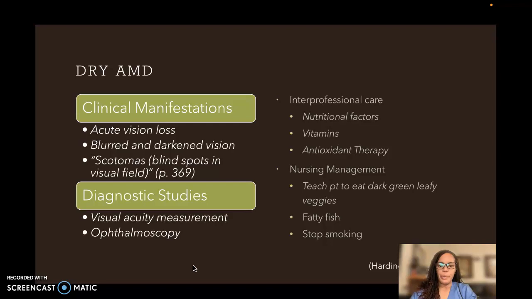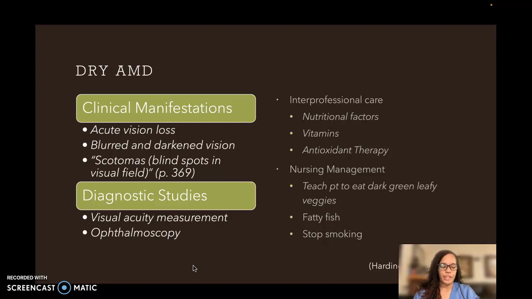So some clinical manifestations of dry AMD include vision loss, blurred and darkened vision, scotomas, which are blind spots in the visual fields. Some diagnostic studies are a visual acuity measurement or an ophthalmoscopy.